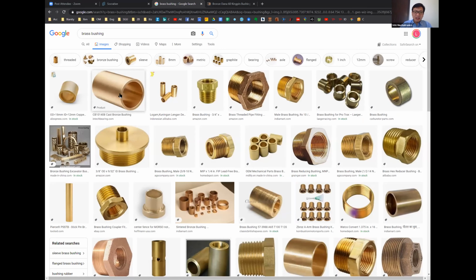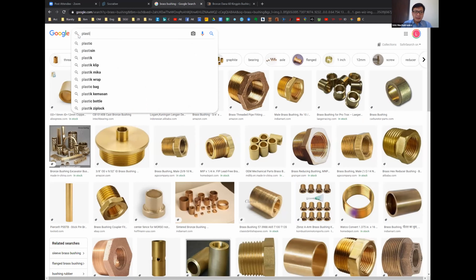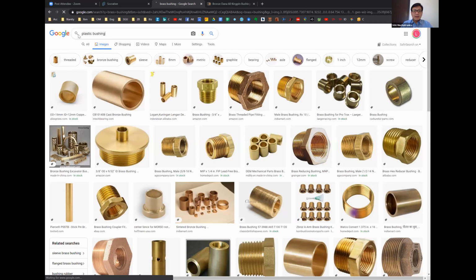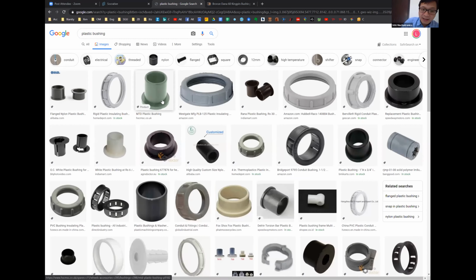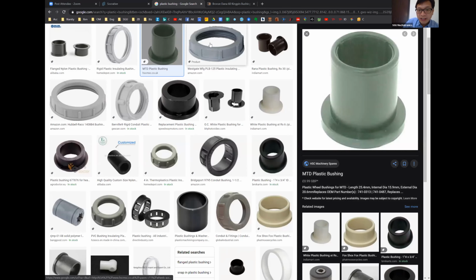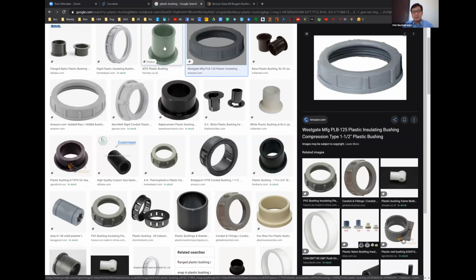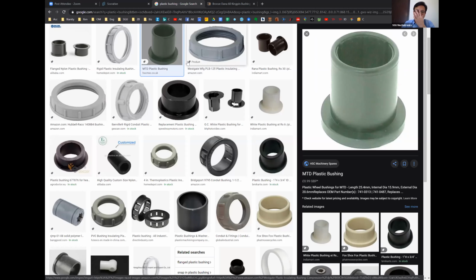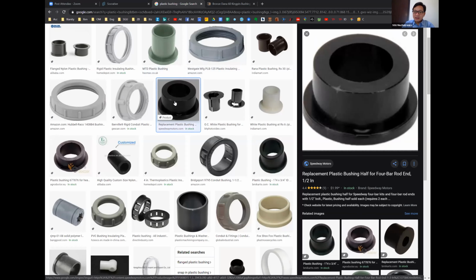they look similar. But then you got the plastics. The plastic bushings, you know, ini bukan bushing dalam arti bearing ya. Yang ini salah nih ya. Ini bentuknya seperti ini sebenarnya. Okay, or this.